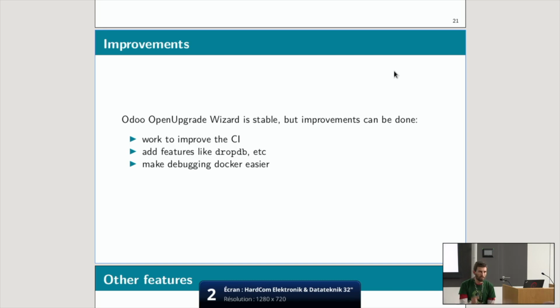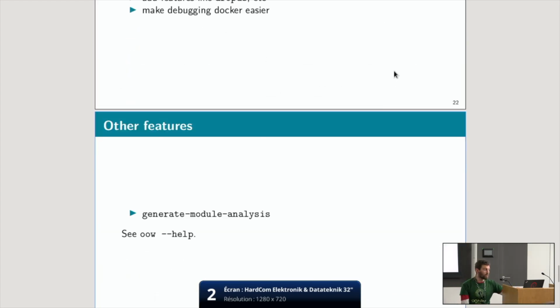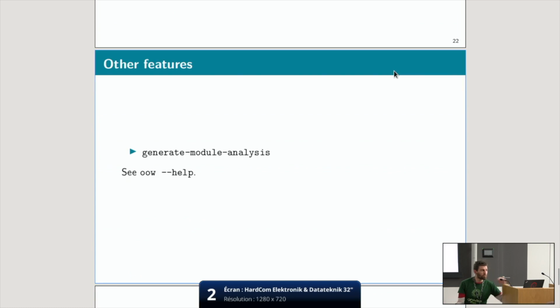In fact, lots of little things that will ease the process. There are also other features that we don't use often, but for example, there is a feature to generate module analysis for a module. It can be a standard module, but generally it's done by the maintainers, but you can use it for your own module if you have made changes and have not tracked them. So yeah.